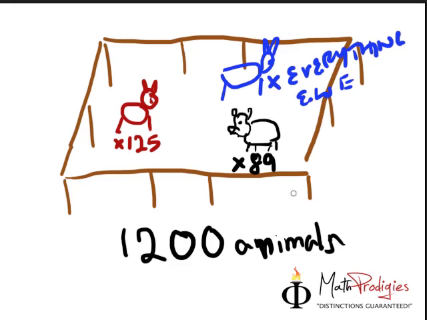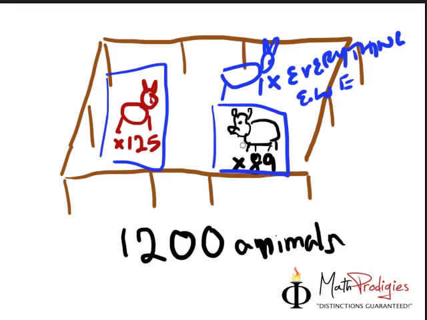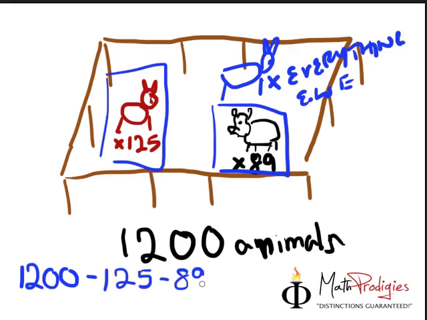Let's imagine in our head 125 cats pop up in your head, and then bam, another 89 dogs pop up in your head, and the rest are all goats. I think you're starting to get the idea here. It's very simple. You have 125 cats and 89 dogs, and the rest are all goats, which means I take the whole thing, 1,200 minus 125, which are the cats, minus 89, which are the dogs.